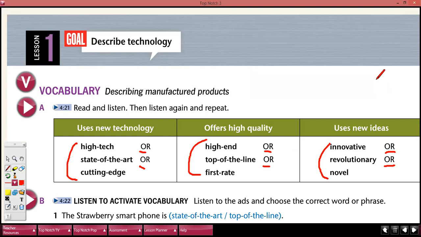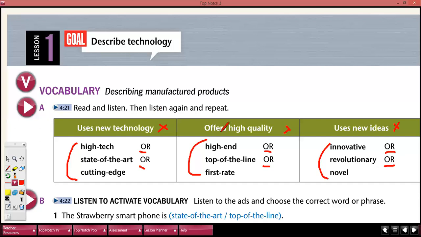Very well. So if you check it, we have 3 categories of describing technology. Uses new stuff, offers high quality, and uses new ideas. So what is the difference? If something uses new technology, it means it has the best components, the best parts in the market. The best we can get.